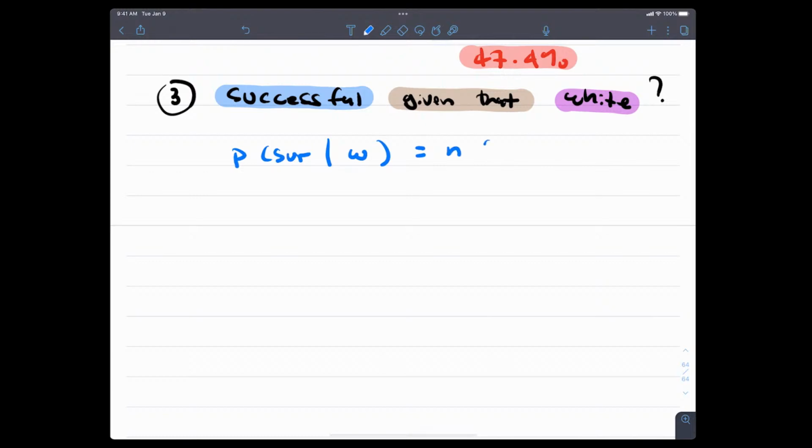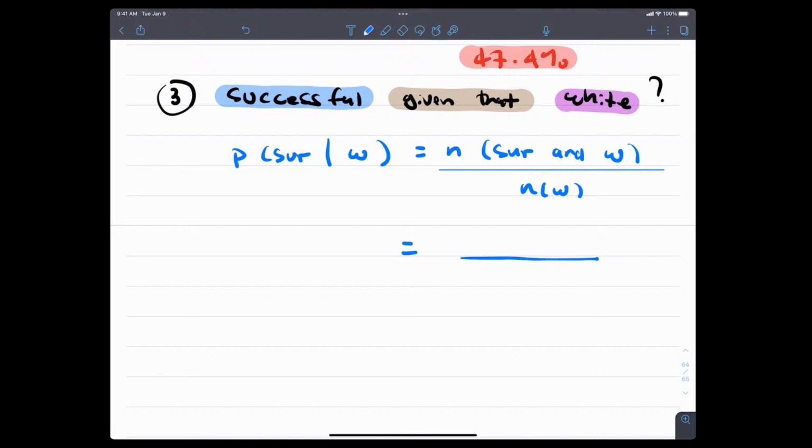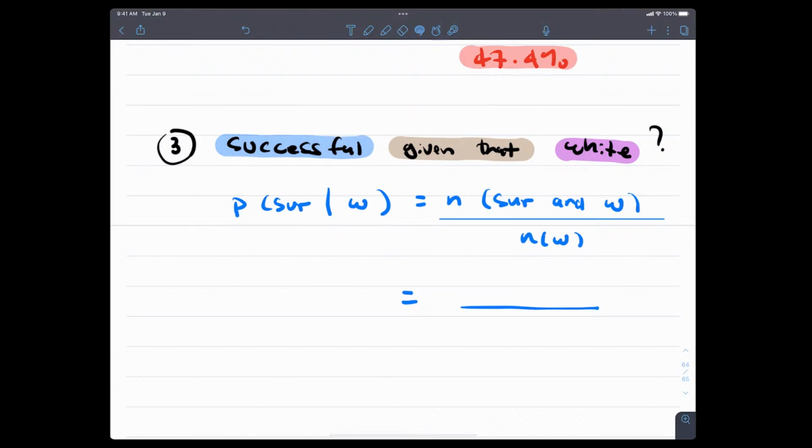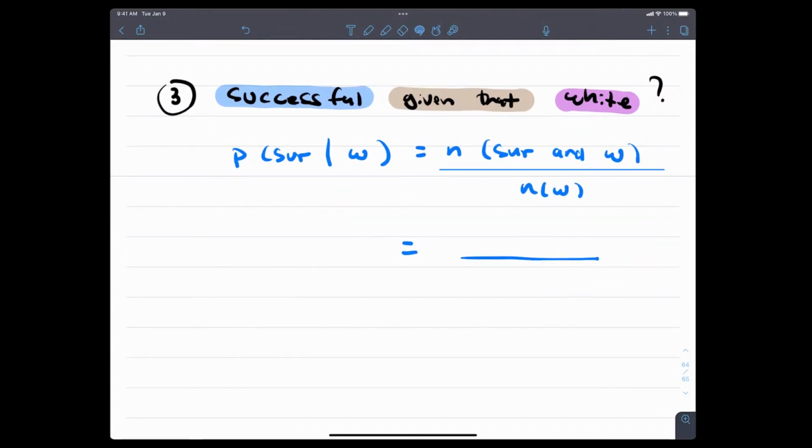So this is the number of survivors who are white out of the number of white students. So let's see how we would do this now.